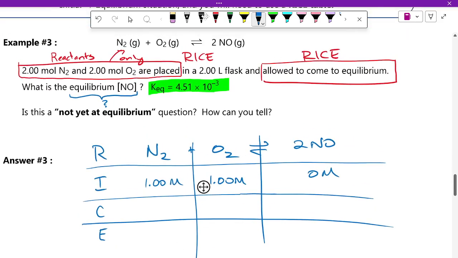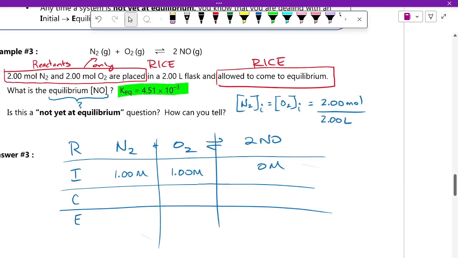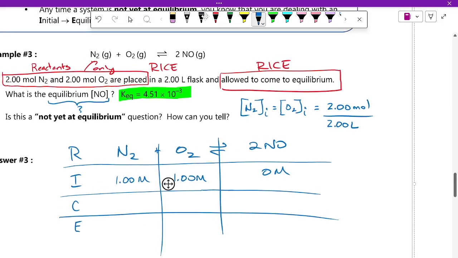So we took our concentration of N2 initially, which is the same as the concentration of O2 initially, which is 2.00 moles divided by 2.00 liters, which gives us 1.00 molar. So we can fill those in there. And because those were placed in there and we didn't say anything about the NO, there's no NO at the start.